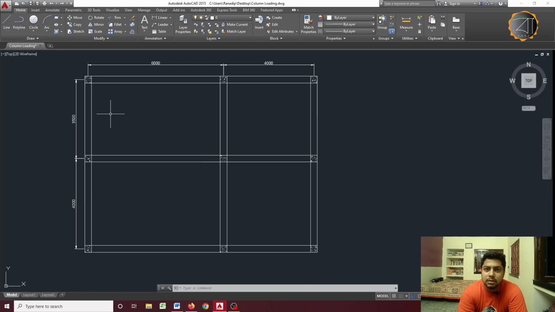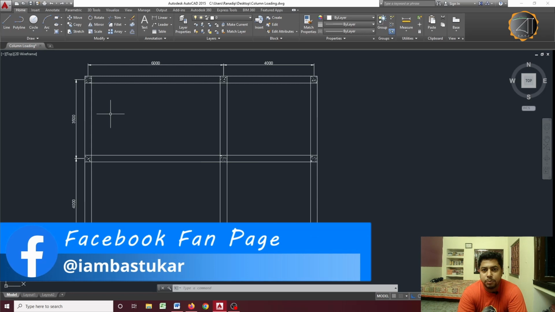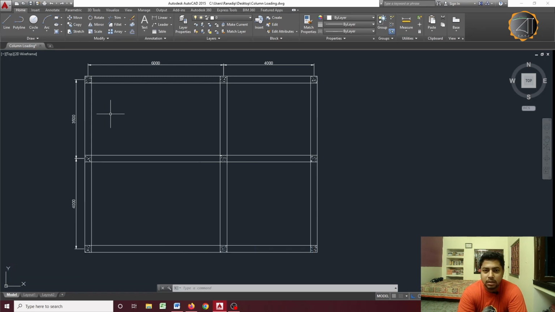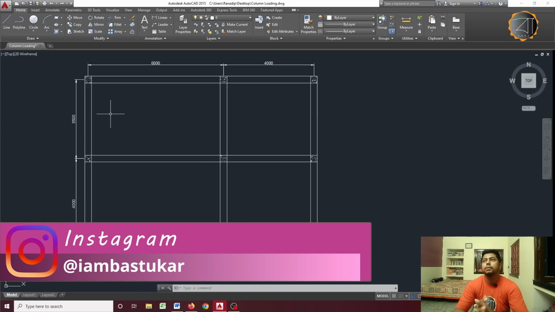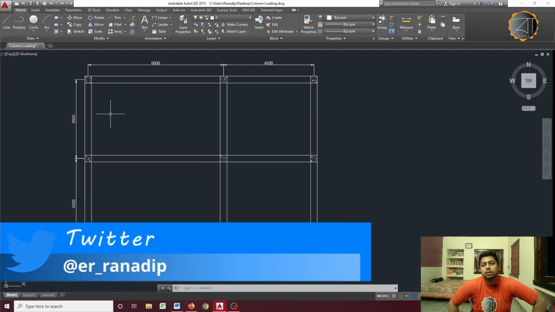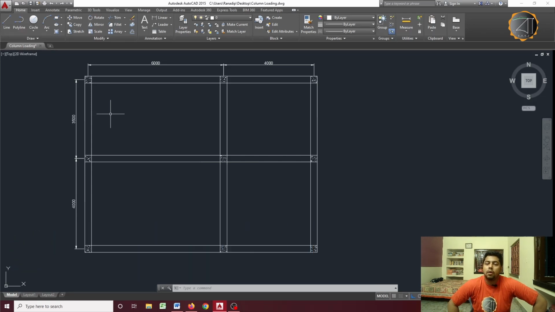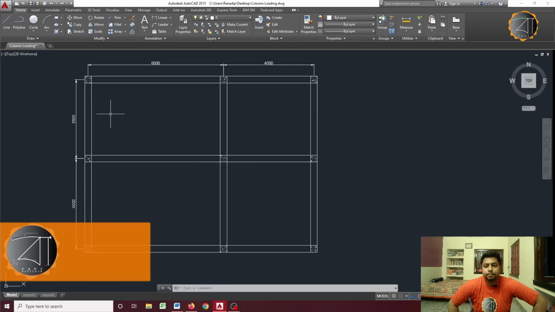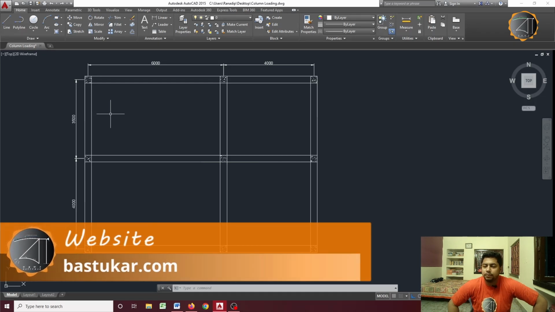Dead load means the load which is fixed in nature, which cannot be moved from one place to another. Loads coming due to those kinds of objects or elements in a constructional member as a whole are called dead load, like the load of the slab, the load of the column itself, and so on.